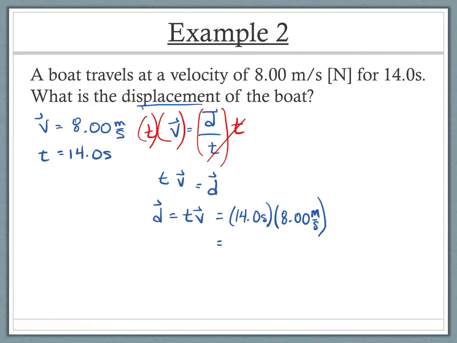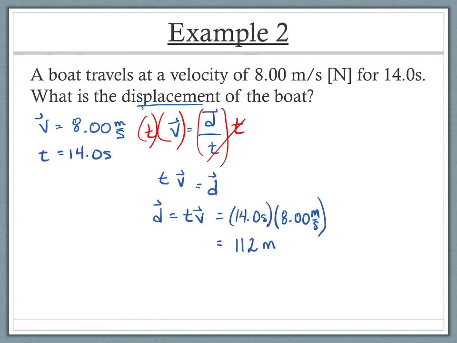That is 112. So before we write anything else down, we know that is going to be meters now, right? Because that's the thing for displacement. So a few things to remember. Significant digits. Do we have the correct amount? This had 3. This had 3. This guy has 3. Perfect. So we have 3 significant digits.